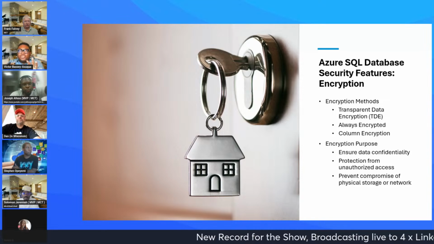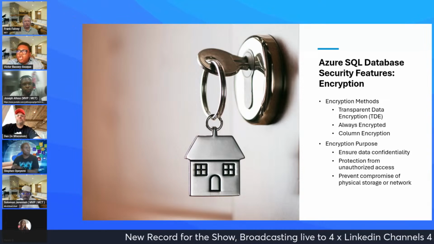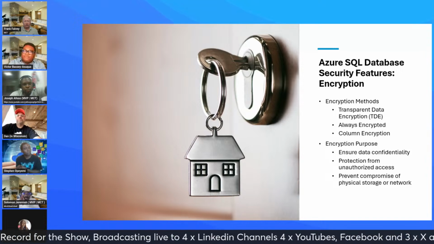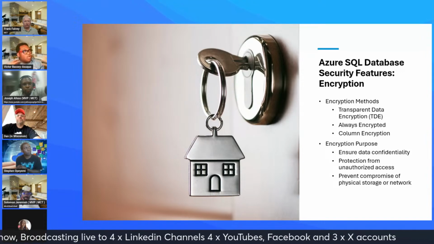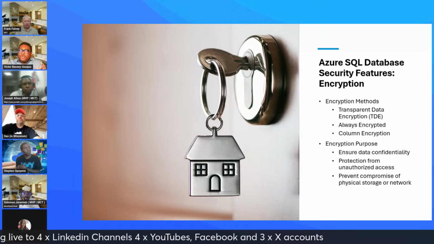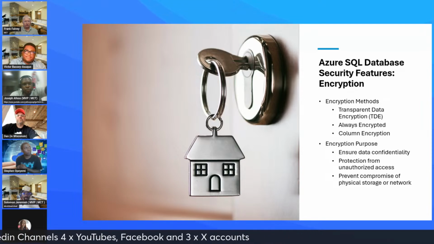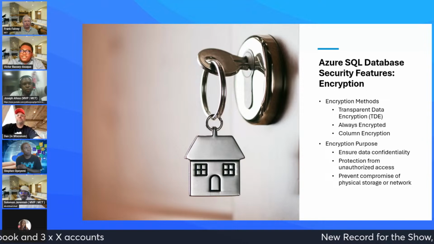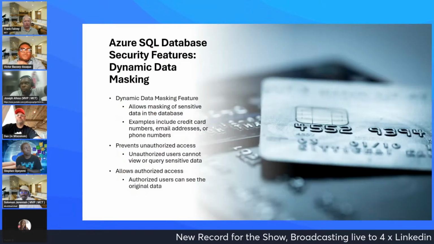So Azure SQL database supports all of that as well. So there's encryption at the column level, and of course, all of these things are going to be ensuring that the data we've got within our databases stays confidential, even if the physical storage of the network is compromised. So that is supported as well.